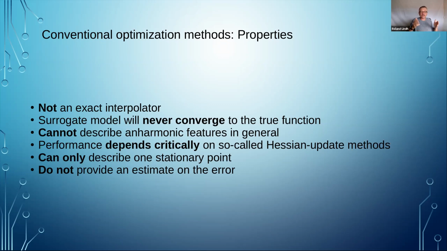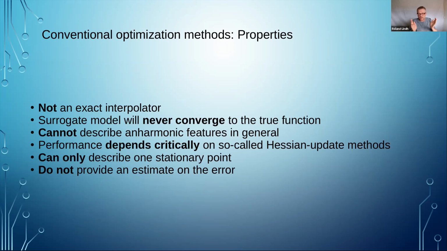Furthermore, as we increase the number of data points, our surrogate model will never converge to the true function. It's just going to be a harmonic potential. And because of that, of course, it cannot describe anharmonic features in general. Also, we know from empirical studies of these kind of methods that it depends critically on the Hessian update method which is used.